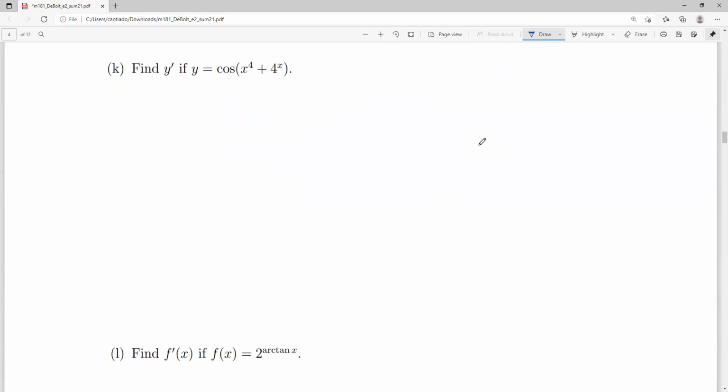All right, looking at K now, we've got chain rule again with the trig function. So let's just go straight through this. The derivative of cosine is minus sine of the inside. Now I have to multiply it by the derivative of this inside thing. So there's two terms. The derivative of x to the fourth is 4x cubed, plus the derivative of 4 to the x.